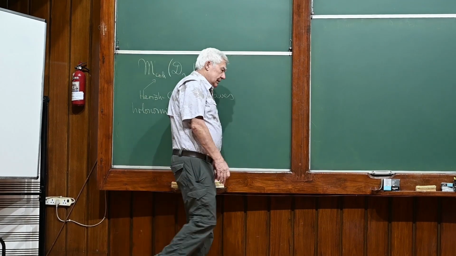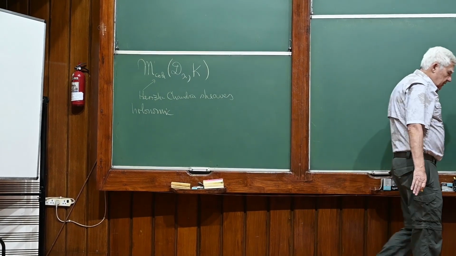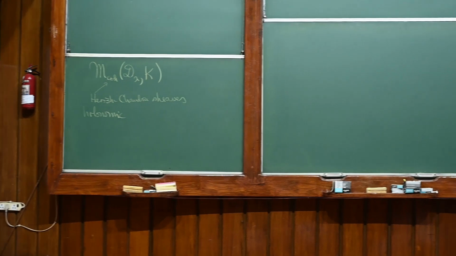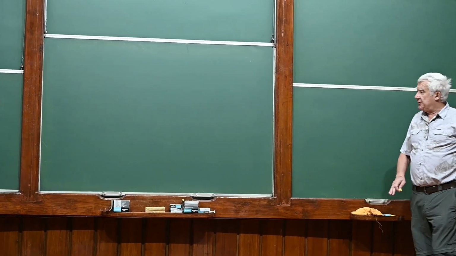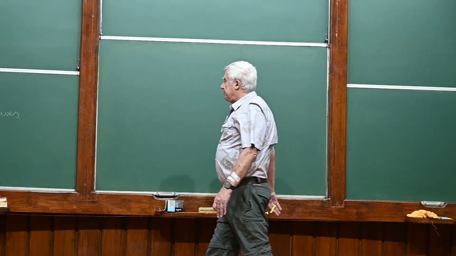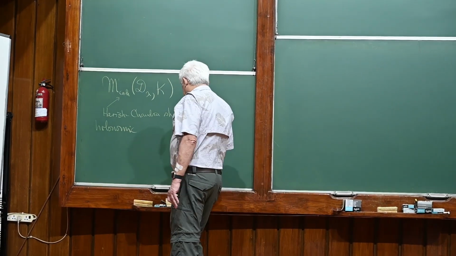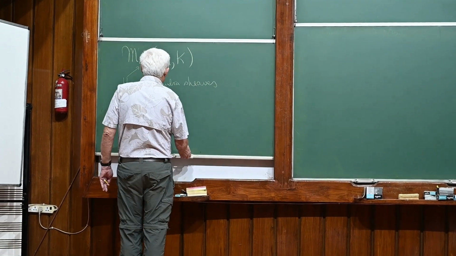I sketched the proof of holonomicity, and also during the tutoring session, I sketched the proof that K acts on the flag variety with finitely many orbits.